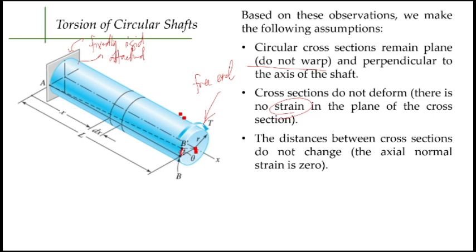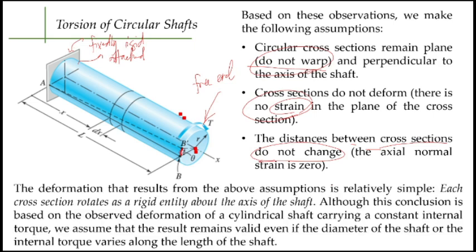When you wring your clothes to let out the water, tendency is it warps, really. But for the sake of our discussion here, and for the sake of the derivation of the formulas that we'll be using, we will assume that one, it will not warp, two, there will be no strain, and three, the distances between cross sections do not change. Okay? This is for the sake of derivation of the formulas.